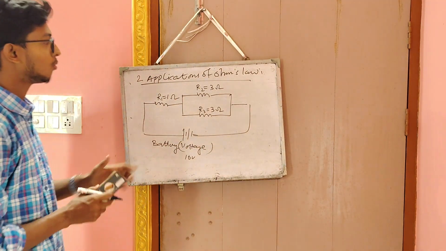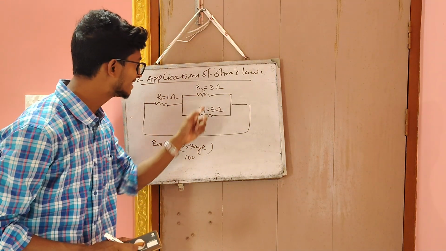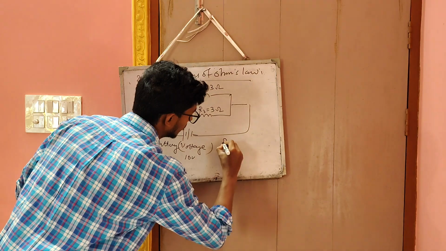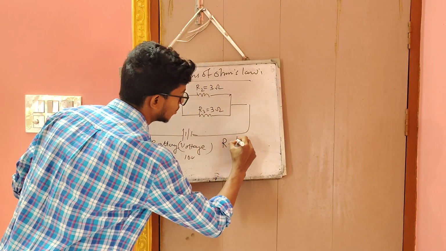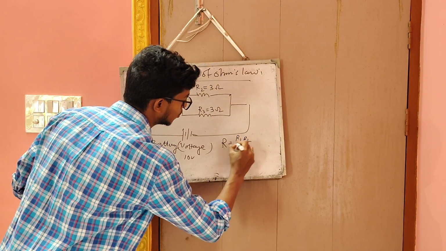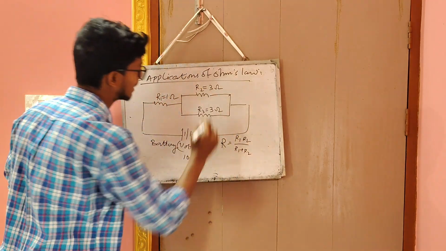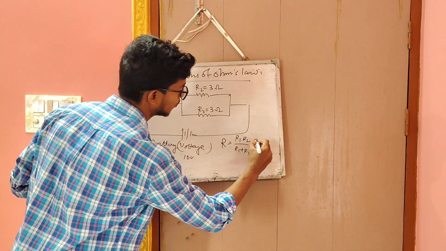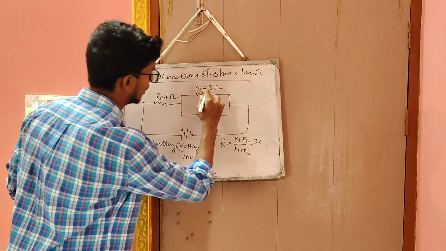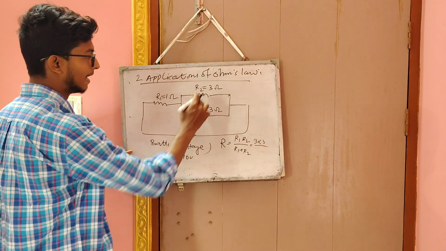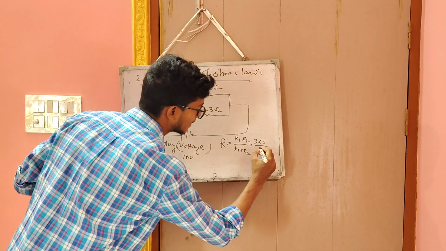So what is the equivalent resistance of R2 and R3? We use the equivalent resistance formula: R is equal to R1 R2 by R1 plus R2. In that case, R1 is equal to 3 and R2 is equal to 3, and R1 plus R2 is 3 plus 3, that is 6.